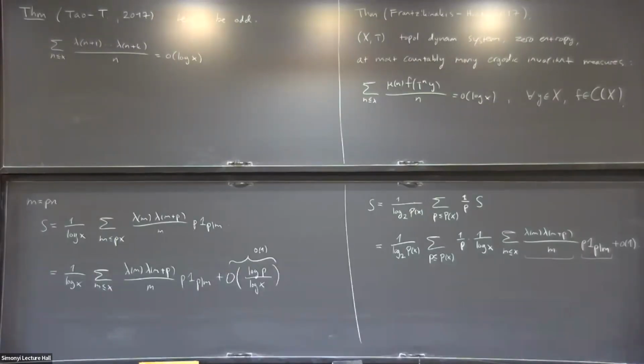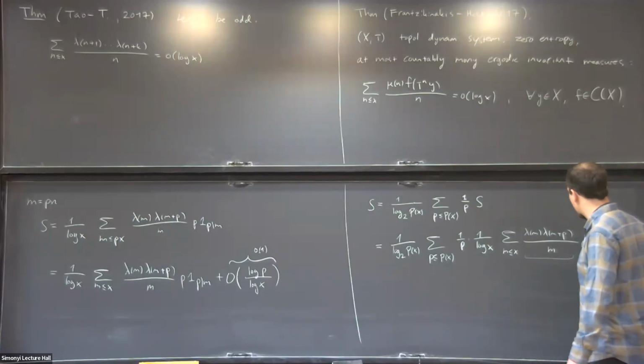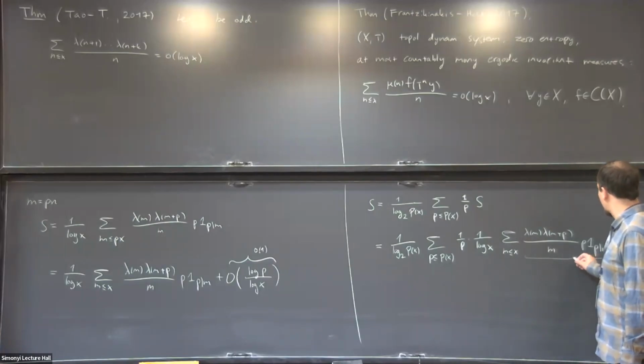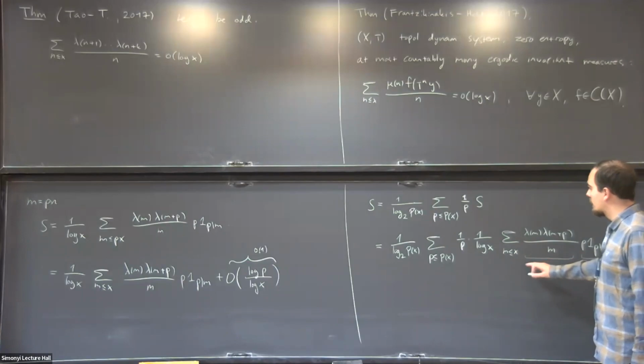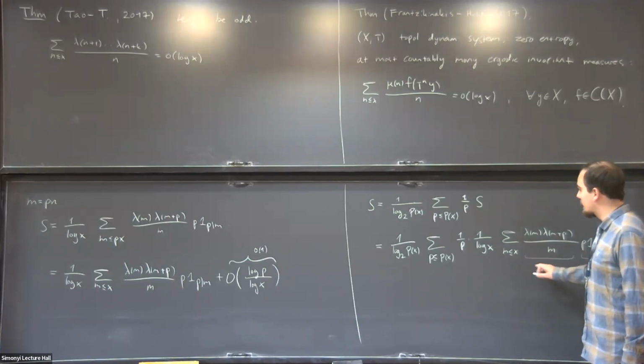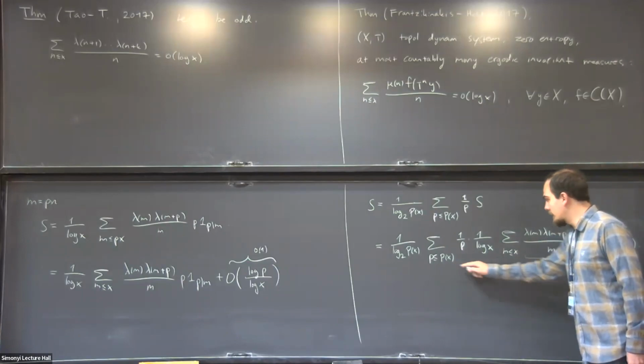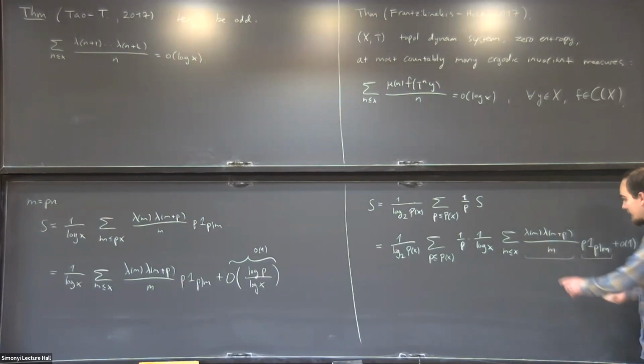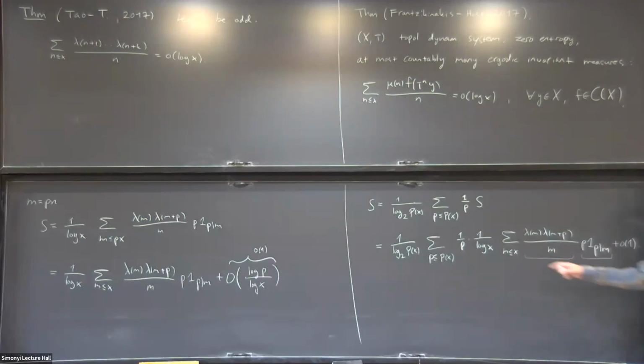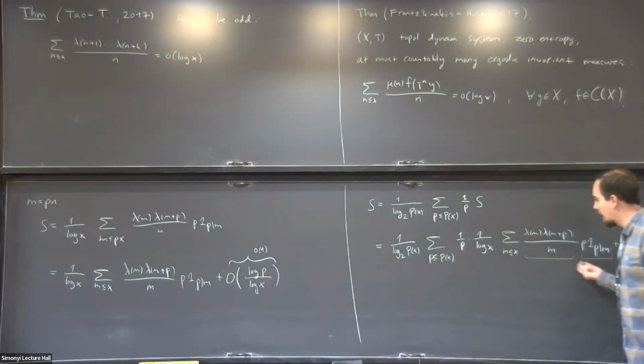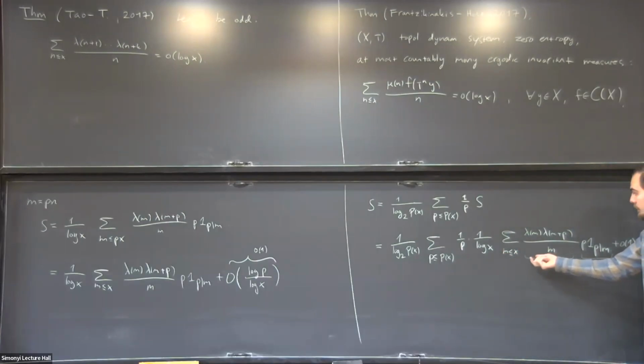So these should be independent events, at least you expect so. And therefore, you would hope that you can take the average over p separately. So if these two were genuinely independent, you could take the p average separately. So you would just multiply the p average of this term and the p average of this term.